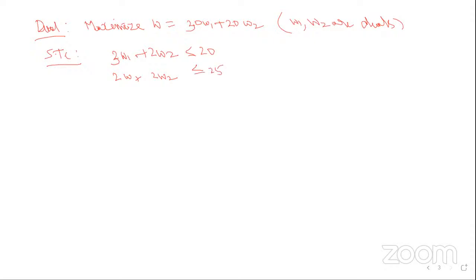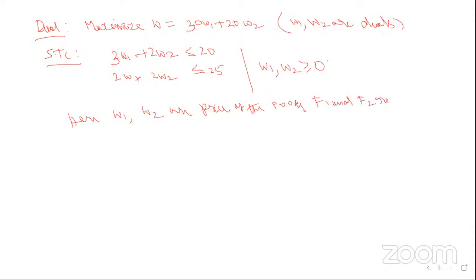Here W1, W2 are greater than or equal to 0. W1, W2 are the prices of the foods F1 and F2 respectively.